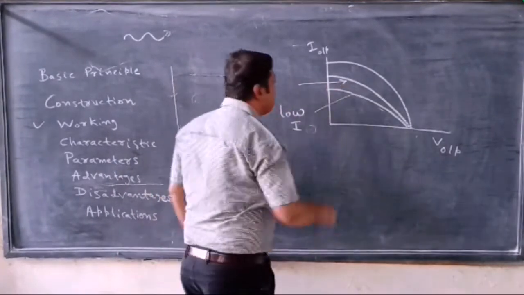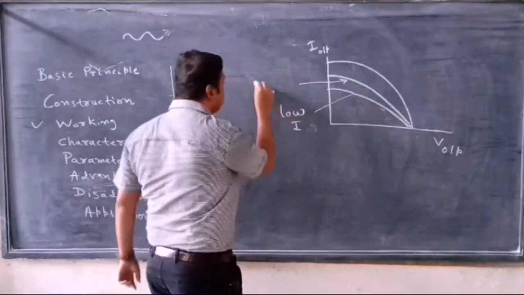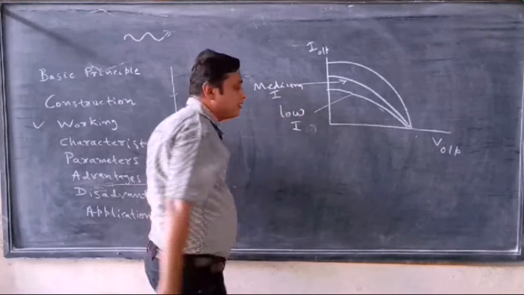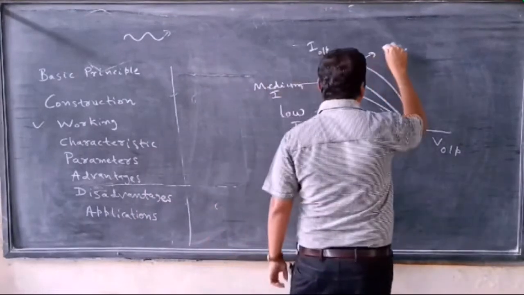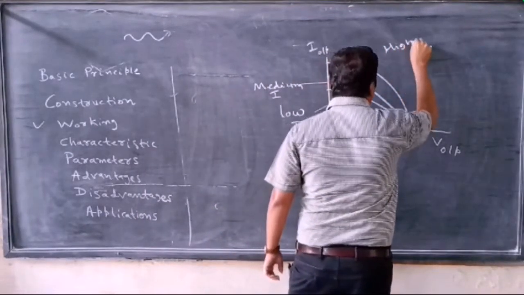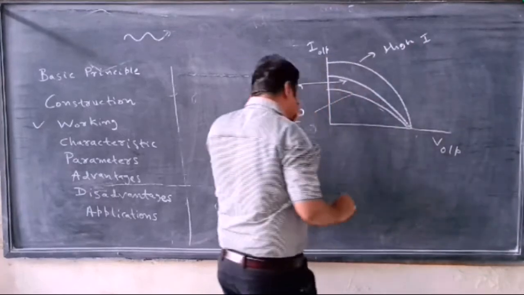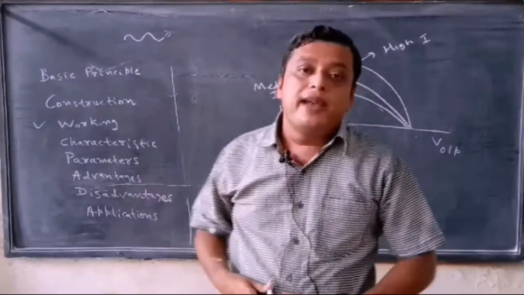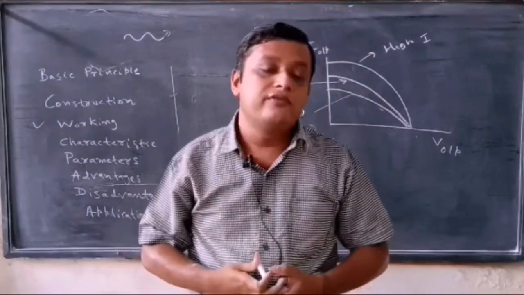This plotting represents medium intensity, and this upper level represents high intensity.